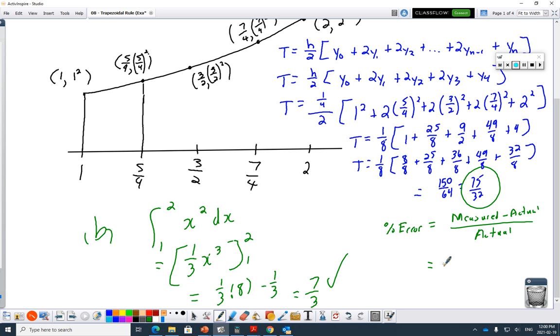So, okay, so measured minus actual, 75 over 32. Subtract the 7/3. And we're going to take that all and divide it by the actual, which is 7/3, to see what I get. I'm going to do that all on my calculator this time.